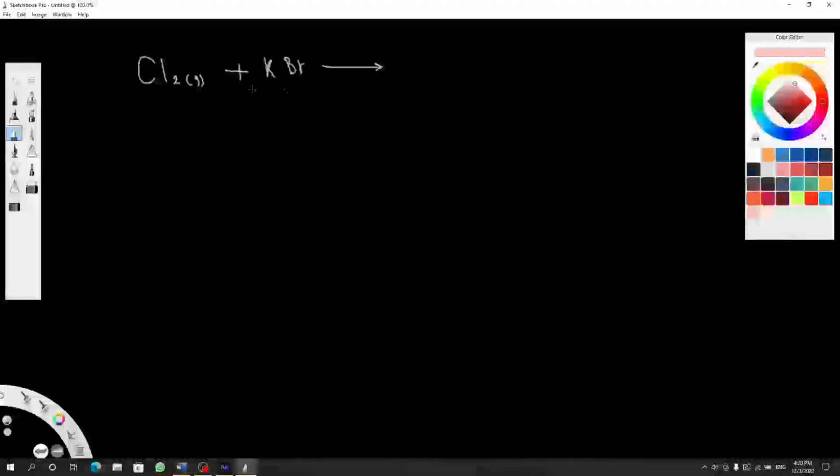Of course, chlorine is more reactive than bromine, which means that it will displace it. So here we have potassium chloride and bromine. We have 2 here, and we have 2. KBr, it's an alkali metal solution, so that's aqueous and it's colorless. Another salt, aqueous, and bromine is a reddish brown liquid.